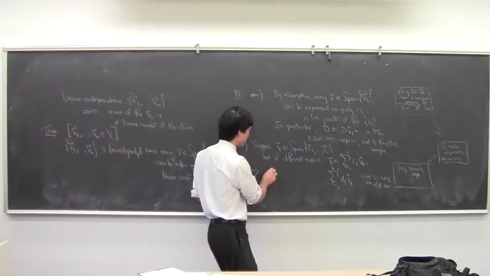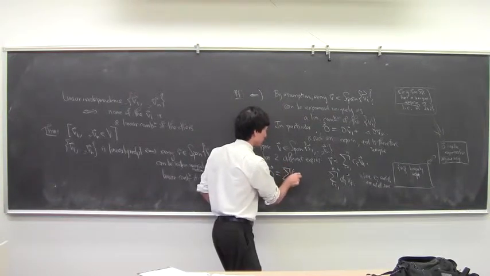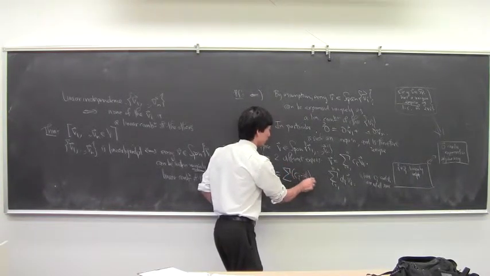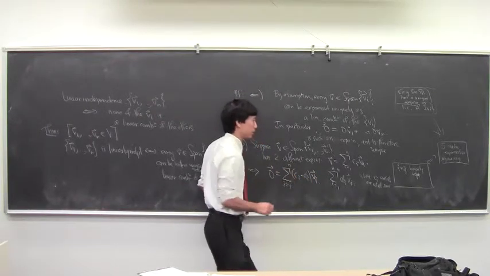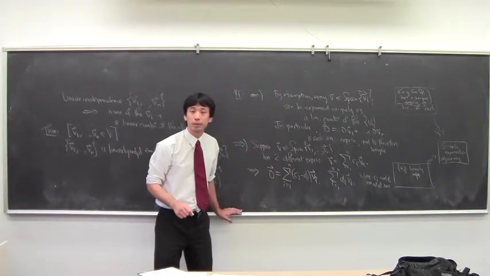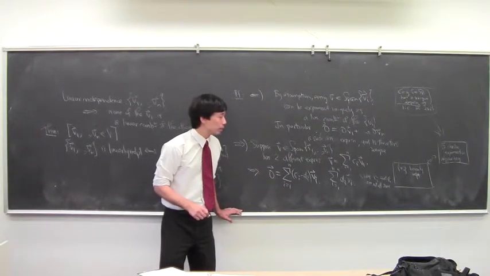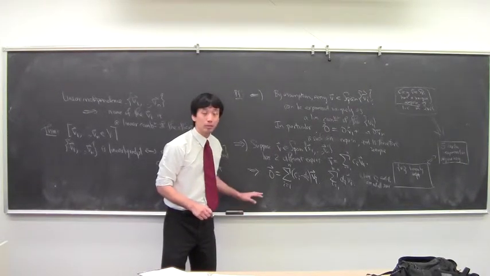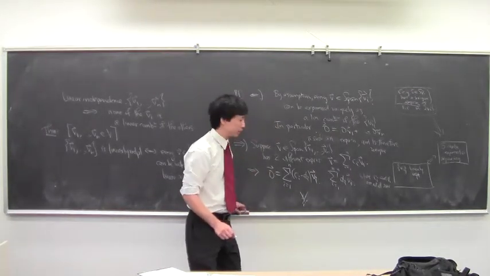Then 0 is the summation of Ci minus Di times Vi. Right? Contradiction, right? What's the contradiction?